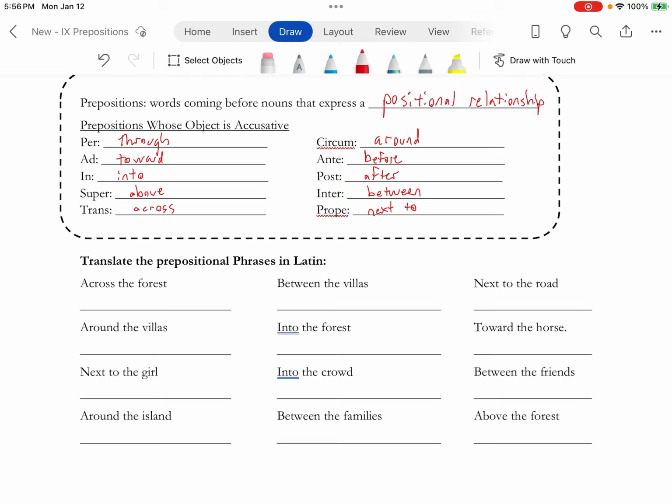Now we got to translate these prepositional phrases into Latin. Across, so across is trans. Across the forest. In the box it said these are prepositions whose object is accusative, which means this object needs to be accusative.